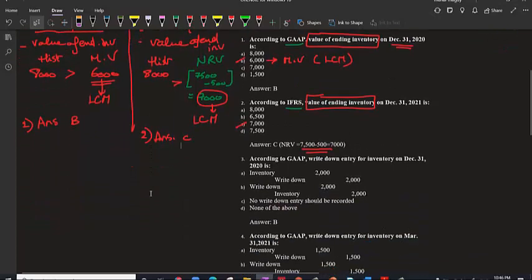If we're going to make a write down entry, question number 3, according to GAAP. The write down refers to the amount of decrease, so the difference.